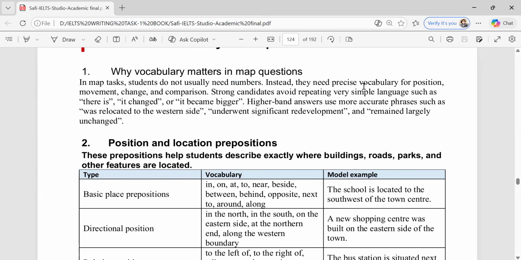Instead, they need precise vocabulary for position, movement, change, and comparison, and strong candidates avoid repeating very simple language. They don't use very simple language such as 'there is', 'it changed', or 'it became bigger'. Can you see? It's quite basic language. You won't achieve more than 6 or 5.5 for this.